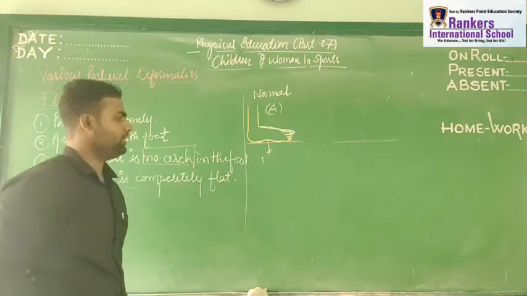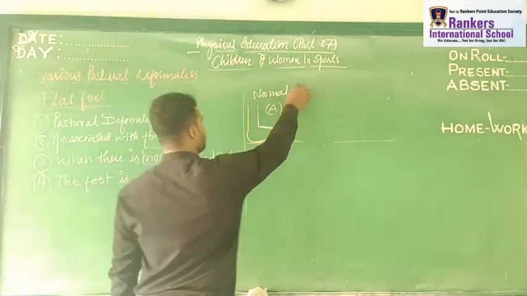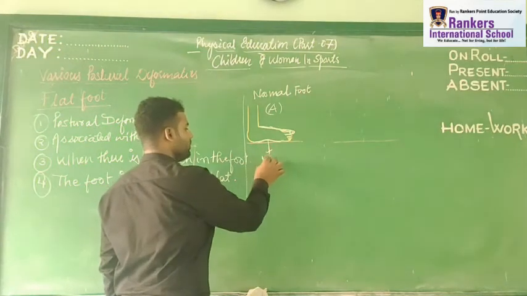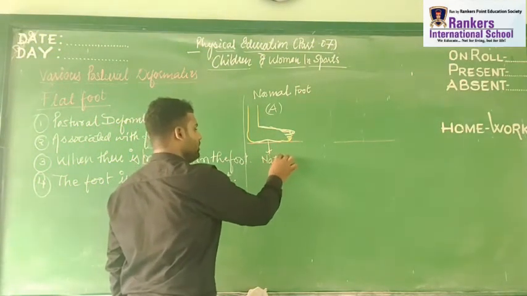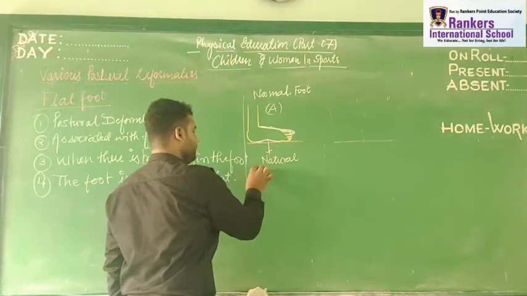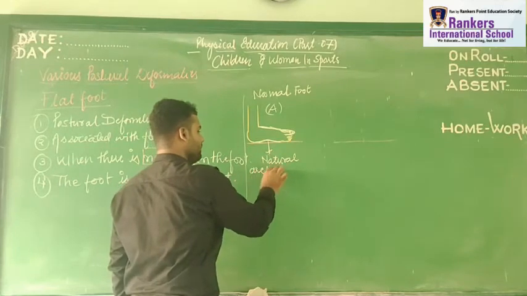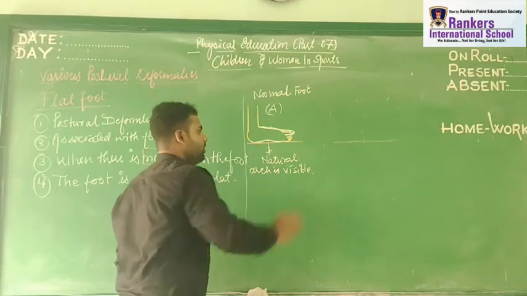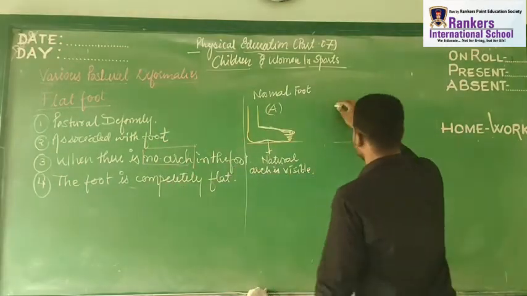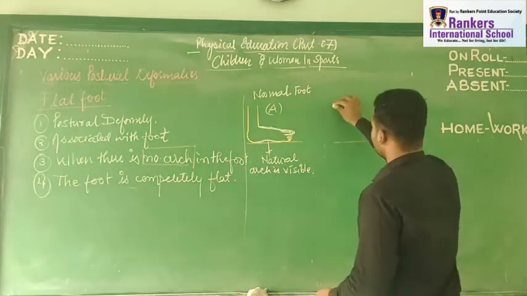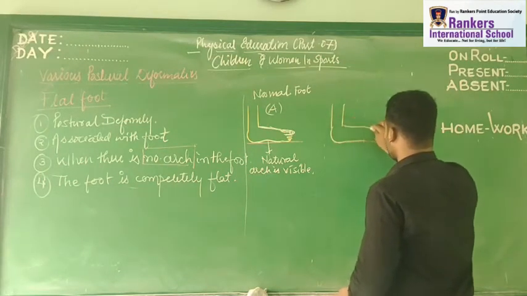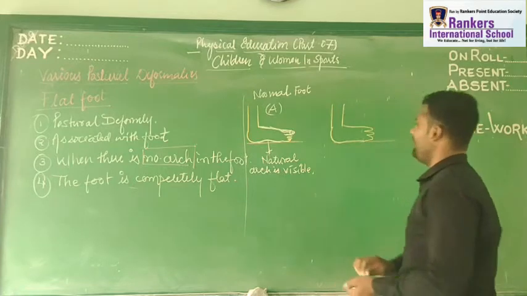This is the print of a normal individual, a normal foot. Okay, so the natural arch is visible. Let's talk about the next one. Here the foot is totally collapsed.